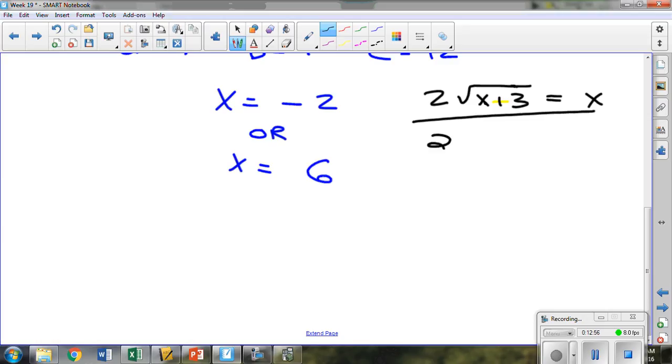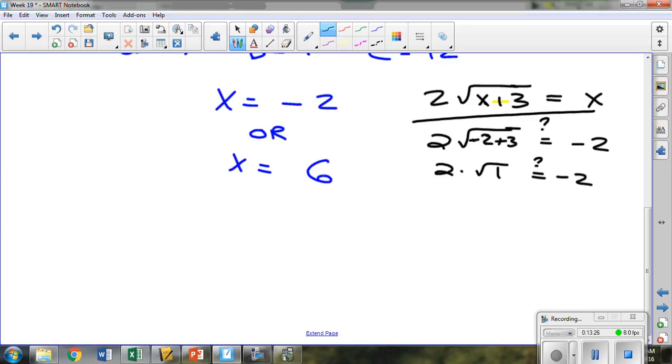So, -2 plus 3. Is this true? So -2 plus 3 is 1. 2 times the square root of 1. Square root of 1 is 1.